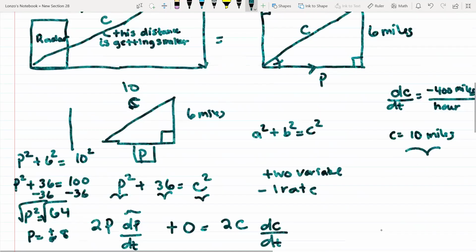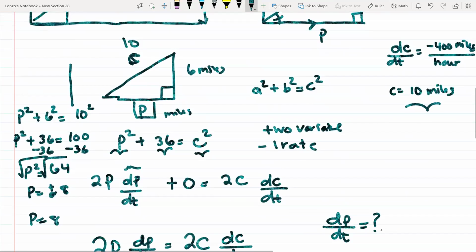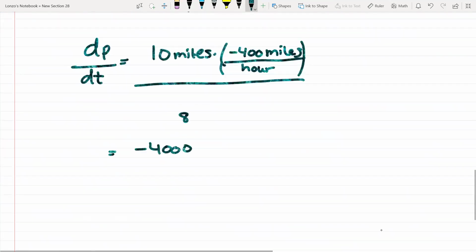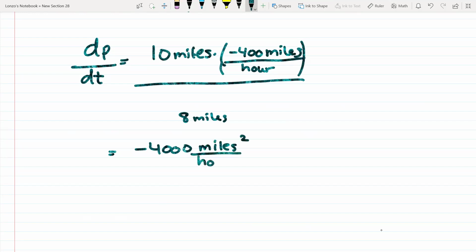Wouldn't this be miles? So this is miles. And 10 times negative 400 is negative 4,000, and then miles squared, because miles times miles is miles squared, per hour. And then divide this by 8 miles. Okay, so I know that negative 4,000 divided by 8 is definitely negative 500, but what would be my unit?